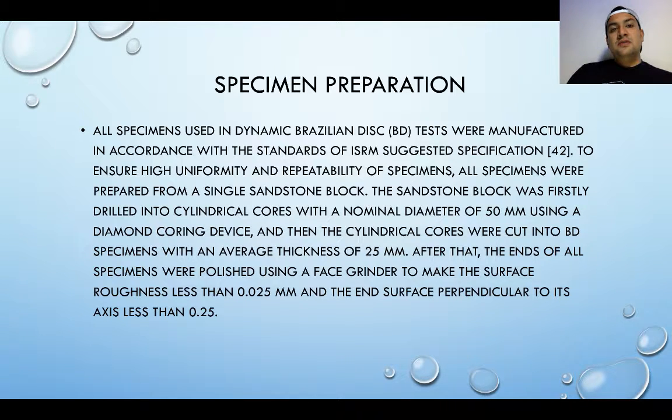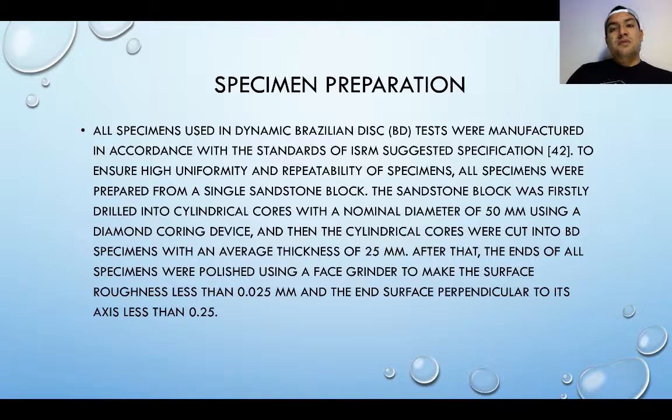All the specimens used in the dynamic Brazilian disc tests were manufactured in accordance with the standards of the ISRM suggested specification to ensure high uniformity and repeatability of specimens. All specimens were prepared from a single sandstone block.